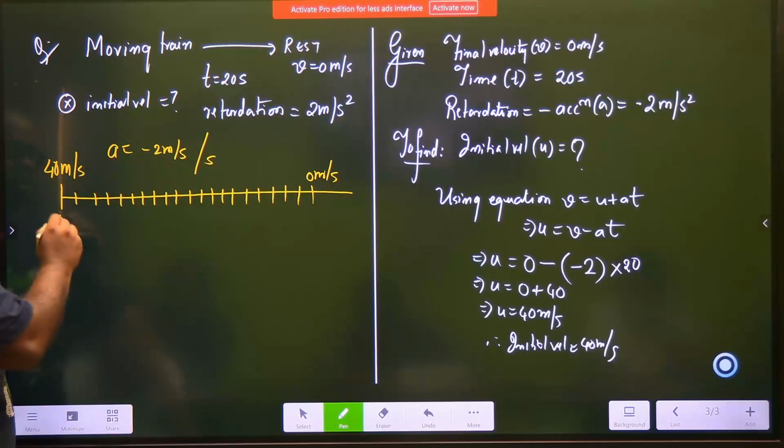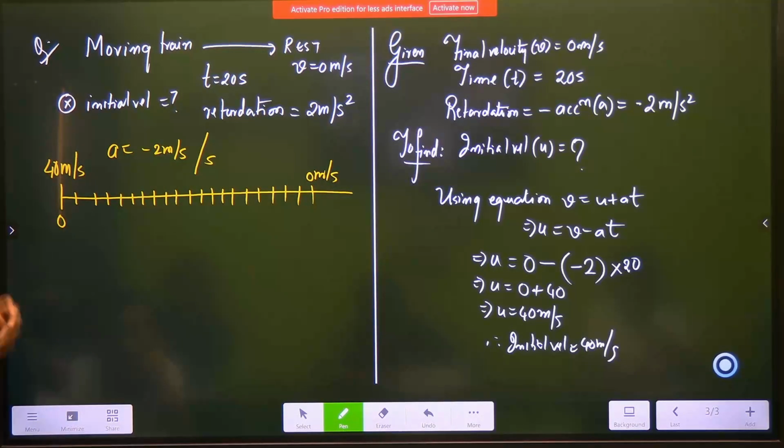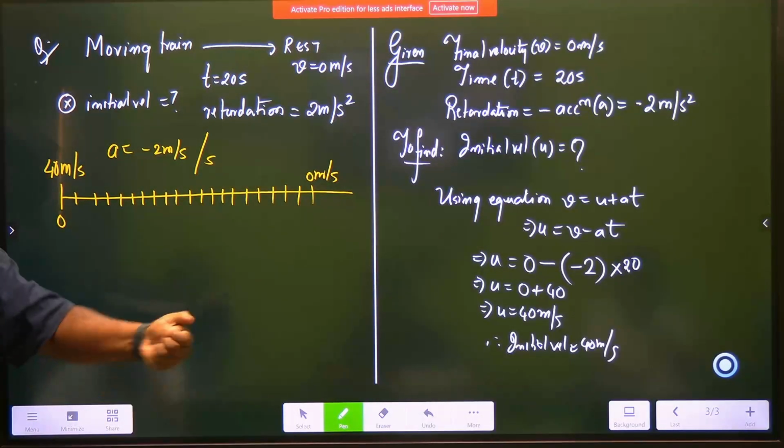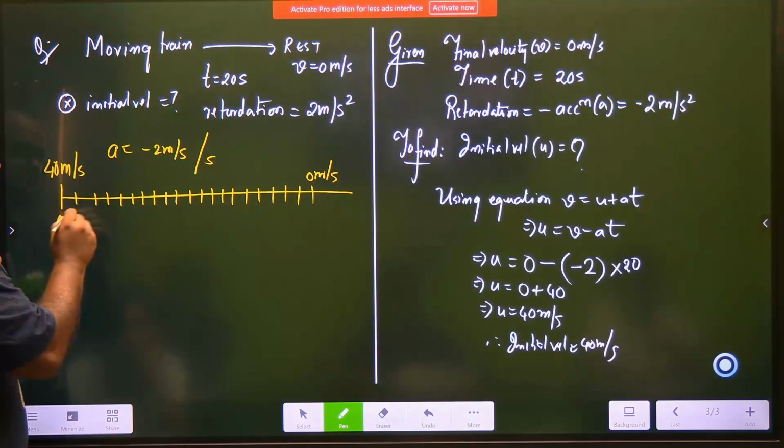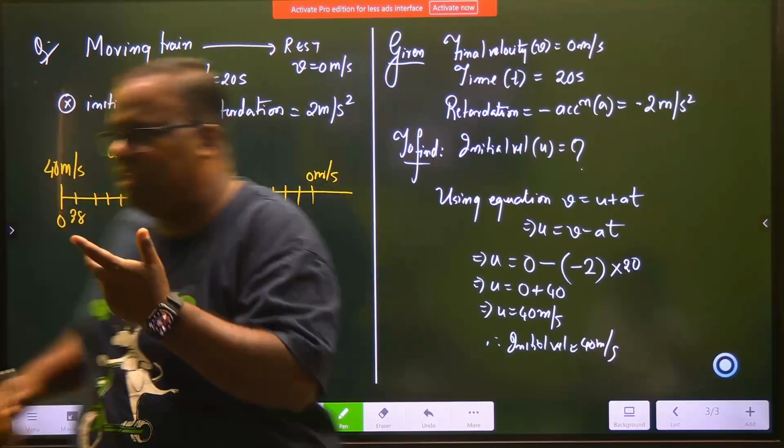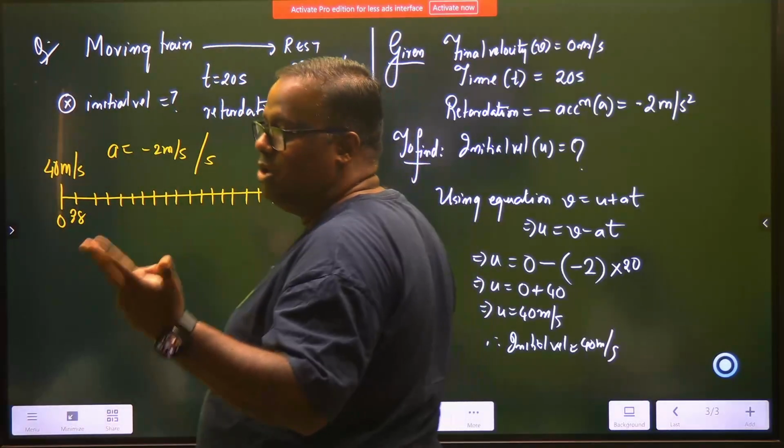So this is 0. We start our clock from here. Start clock, apply brakes. At the end of the first second, what should be his speed? 38. He's losing speed at the rate of 2 meters per second.